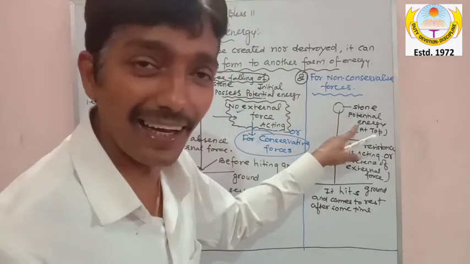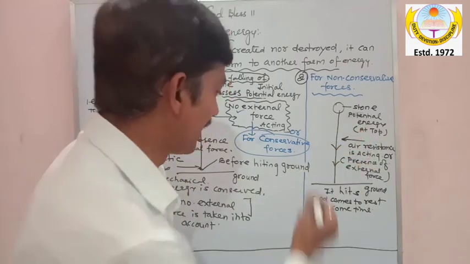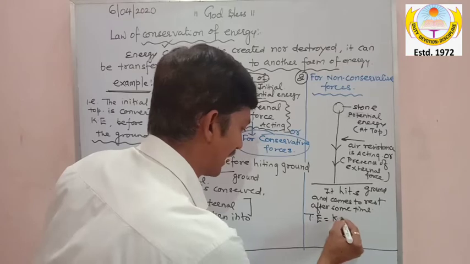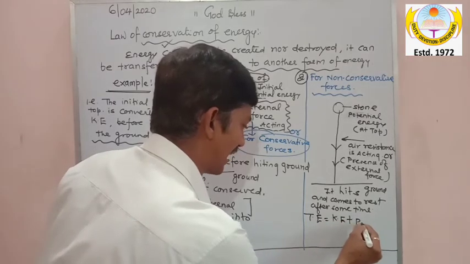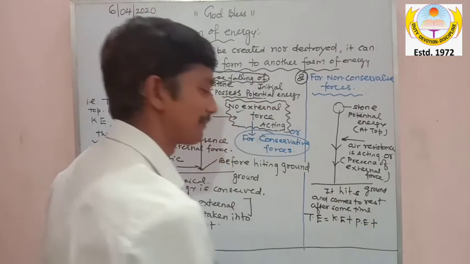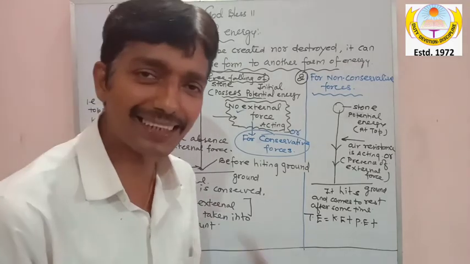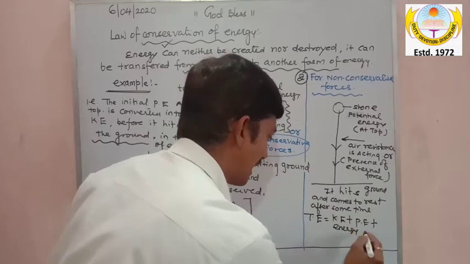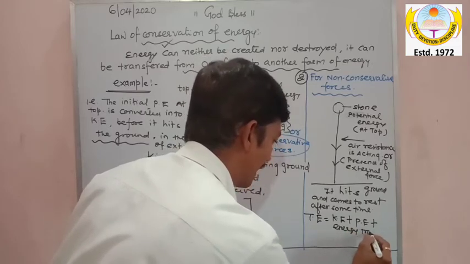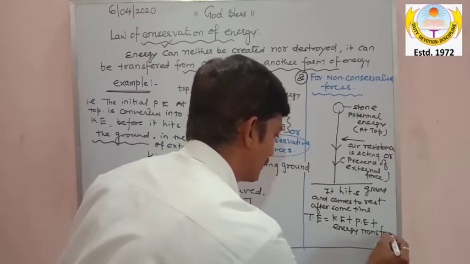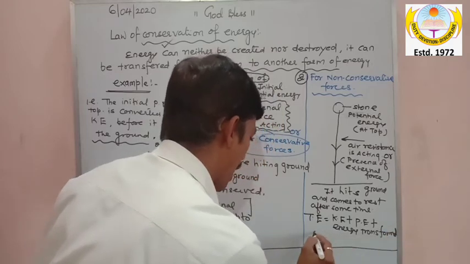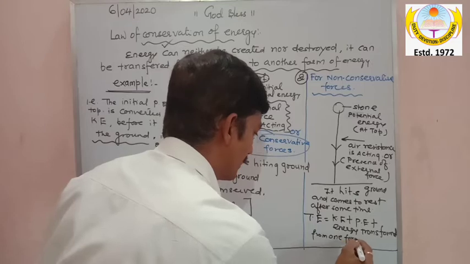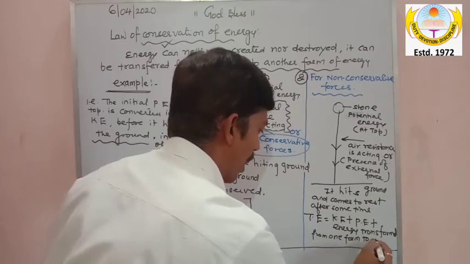Because here the answer will be, total energy is equal to kinetic energy plus potential energy plus energy transferred, transformed from one form to another form.